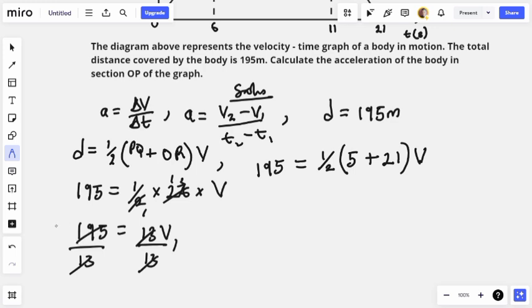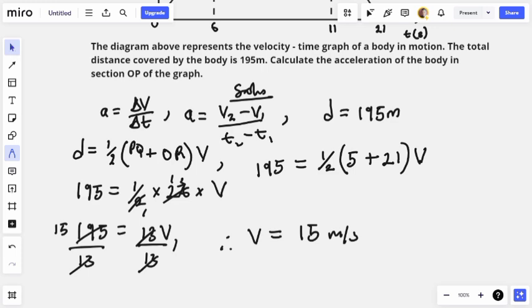This will cancel this 15 times. So therefore, our maximum velocity equals 15 meters per second.